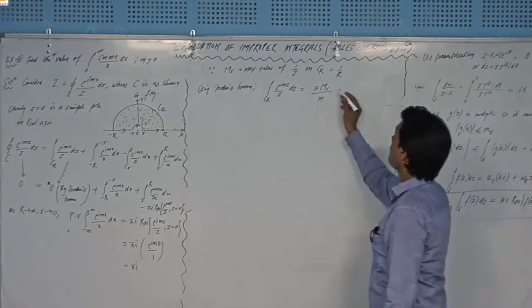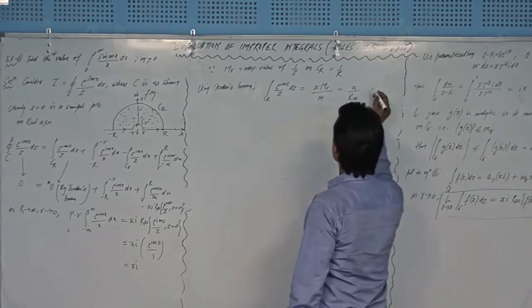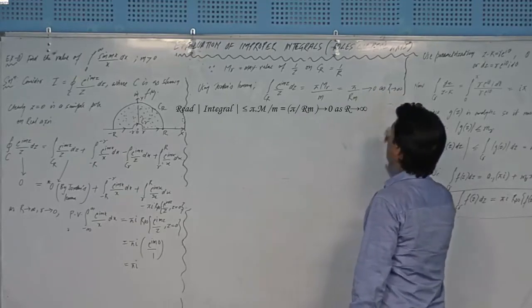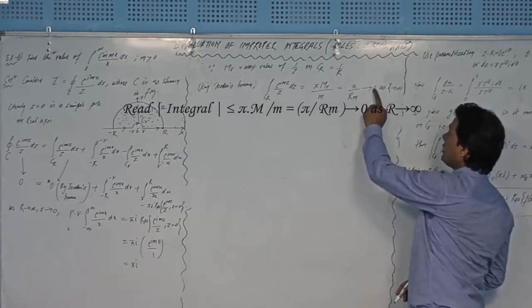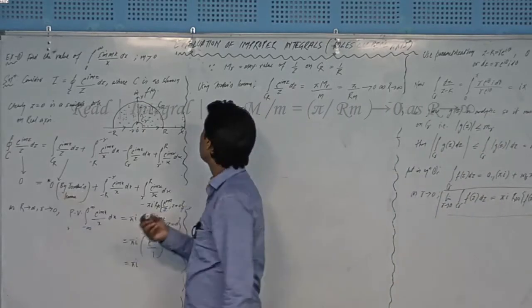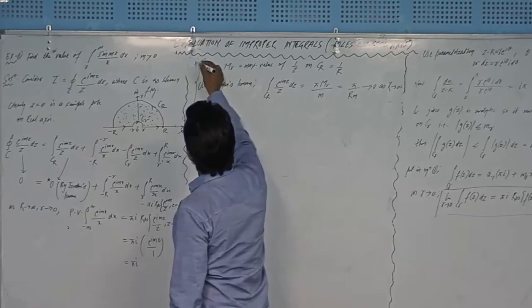And putting the value of MR, that will give me pi over rm, right? So it will approach 0 as r tends to infinity, right? So ultimately this value is 0, that's why we have used this 0 here. So this is the explanation for this star.